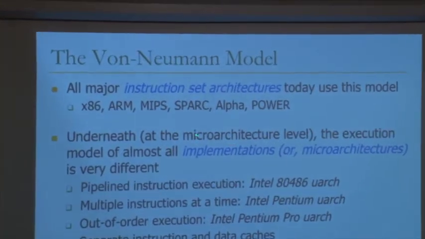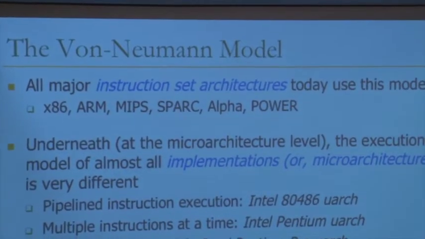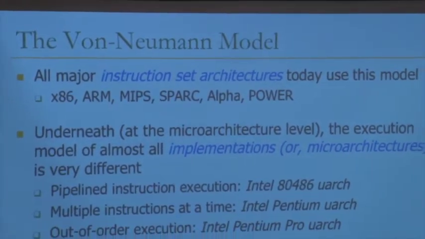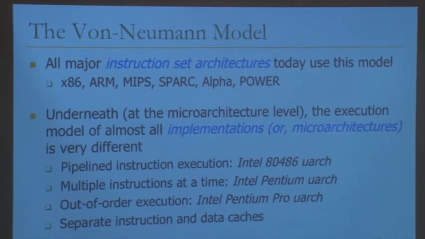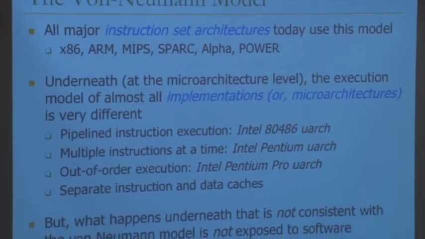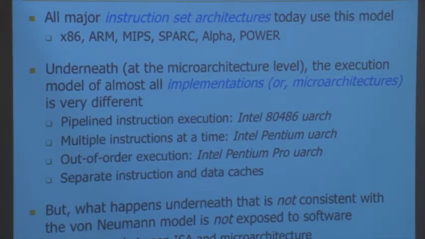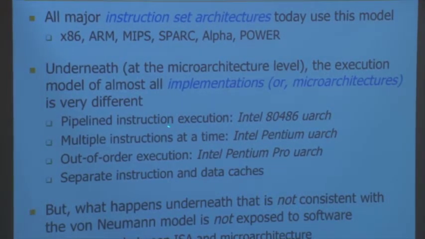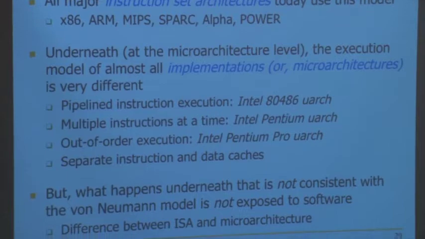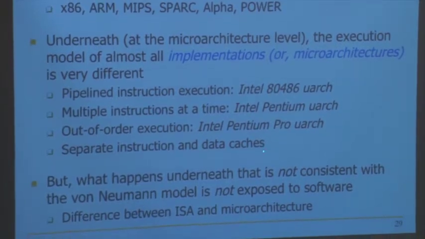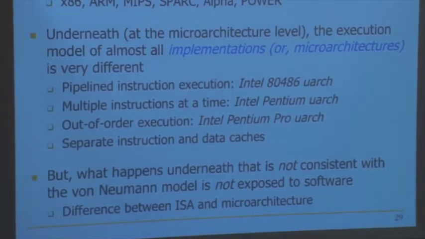But underneath, the execution model of almost all implementations, the microarchitectures, is very different. None of them strictly implement the von Neumann model because the computer will run like a dog if that's the case, right? For example, pipelined instruction execution was first used in the Intel 486. Multiple instructions were fetched and executed at the same time in the Intel Pentium.